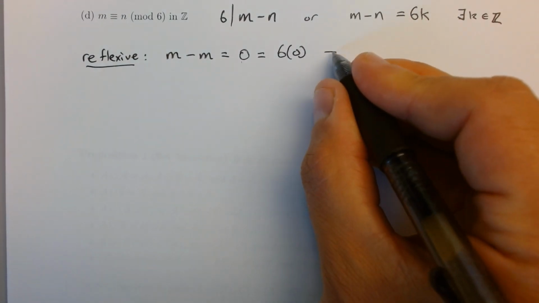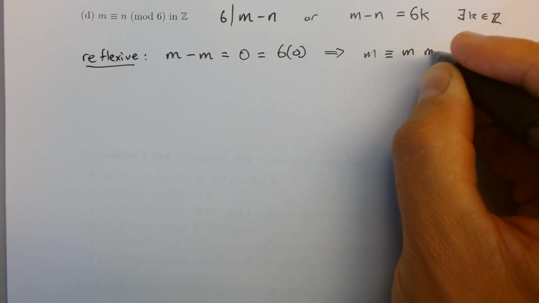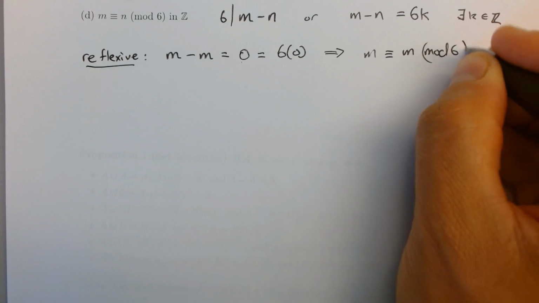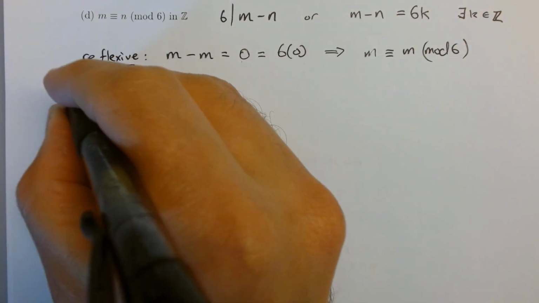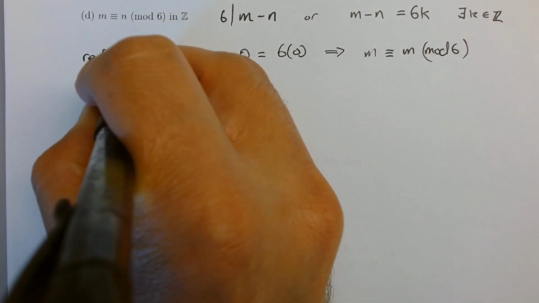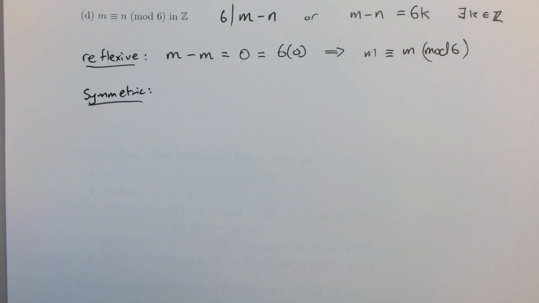So that would imply that m is congruent to m mod 6, and the modulus wouldn't really matter here. Actually, in the proof of all three of these, we'll see the modulus doesn't really matter, but it's nice to have one just for the example. But this would be true for any modulus.